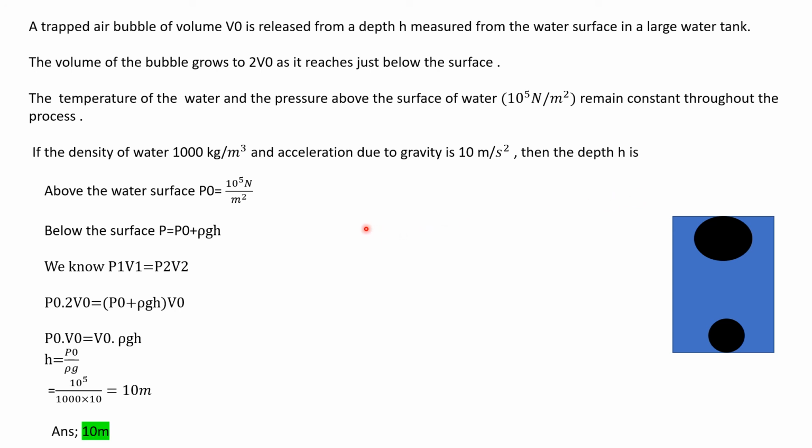We know that P0 is equal to 10 to the power 5 Newton per meter square, and below the surface, that is at the bottom, the P will be P0 plus rho g h. Again we know that P1V1 is equal to P2V2. So by putting the values of P1, V1, P2 and V2, we can find that the h value will come out to be 10 meter. So the answer is 10 meter.